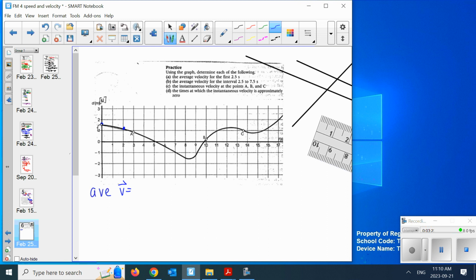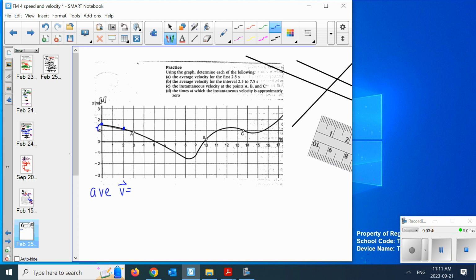What is the change in position? First of all, is it negative or positive? You can just tell. It's negative. It's going down in position. But if you were to estimate what the change is, and I have a little marking there, that's what you're trying to figure out.